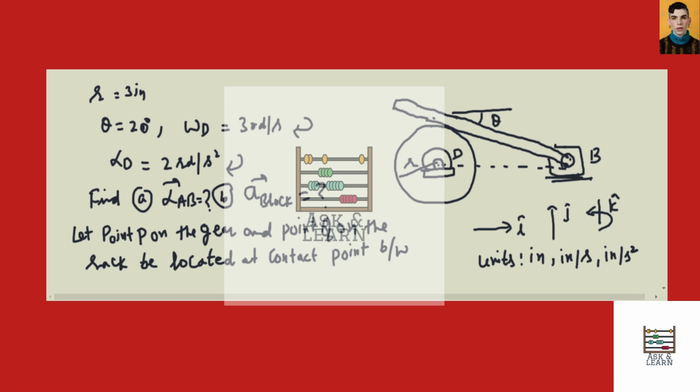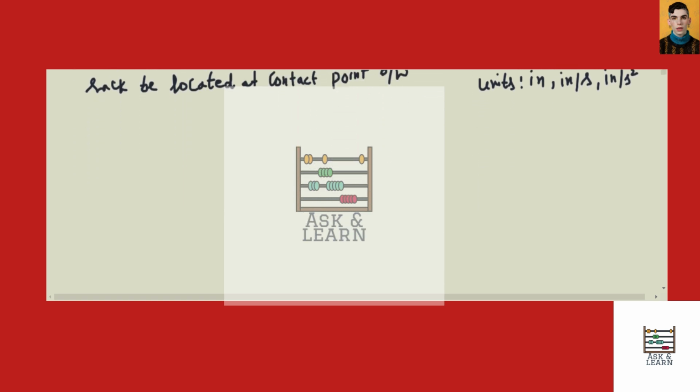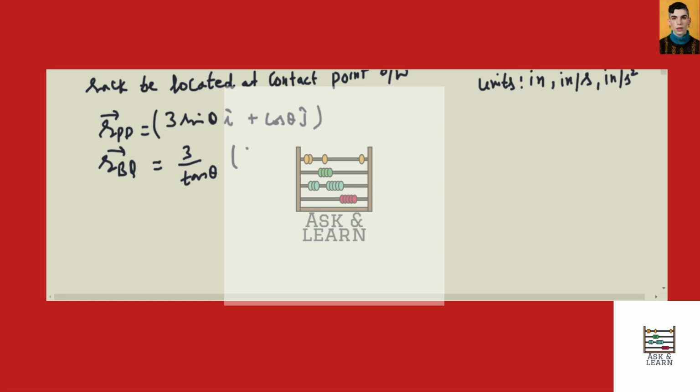Now by using the geometry, position vector of PD is 3 sine of theta i cap plus cos of theta j cap, and r_BQ is 3 upon tan theta cos of theta i cap plus sine of theta j cap.